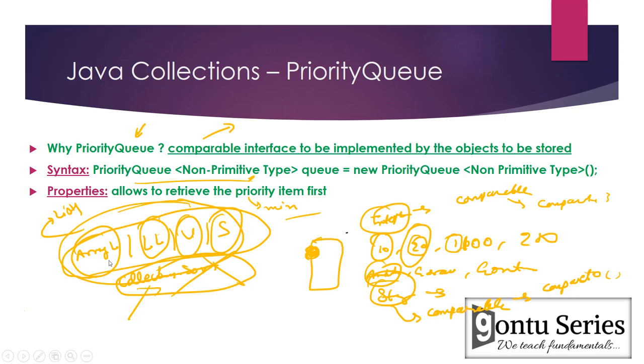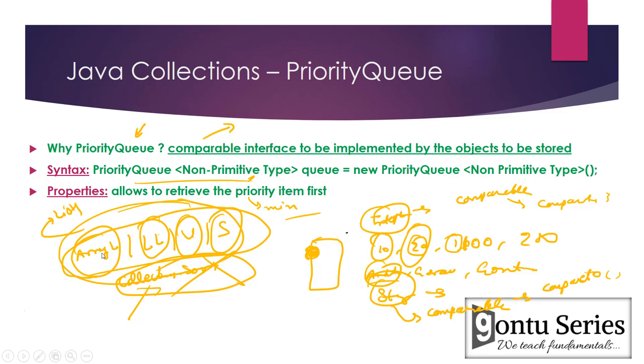If you use an iterator over an array list or a linked list or a vector or a stack, I didn't show you how to use an iterator over a stack, but the way I showed you how to use an iterator with array list, linked list or vector, same way you can use an iterator with the stack. Now, the way iterator works with all of these is it's going to display records in the same order you have inserted them.